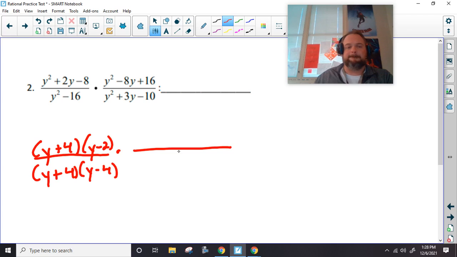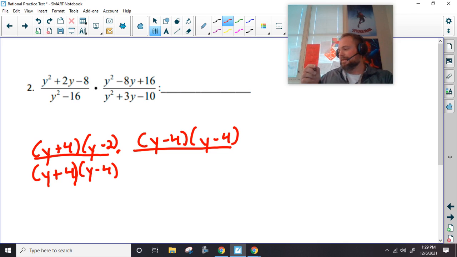Where are we at? This. So y plus 4, and this is supposed to be a parenthesis right here. Oh, sorry. So apparently my handwriting is atrocious, and nobody can see what I'm writing. Well, it's XP pen writing. I'm writing on this little tablet, and I have no idea where it's at and what's going on. Okay, thank you.